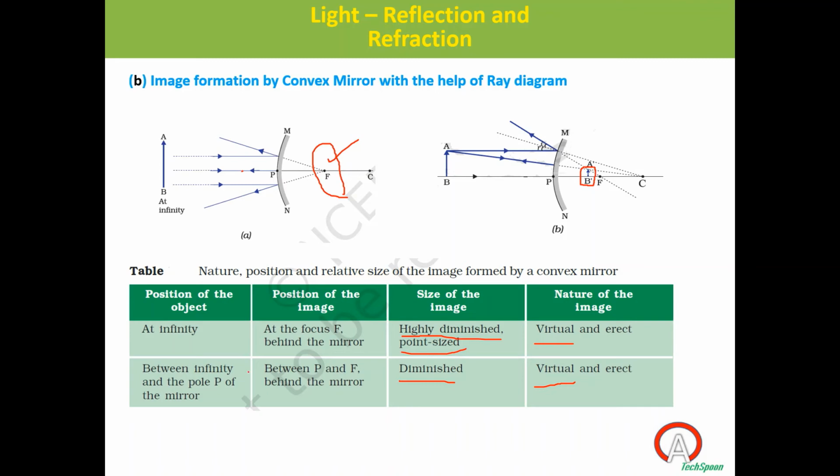Okay, for the second position, we are keeping the object at any point between infinity and P. The first image is here, at F. So where will you get the image? Between P and F. If I bring this object closer to the mirror, this image will move towards the convex mirror.